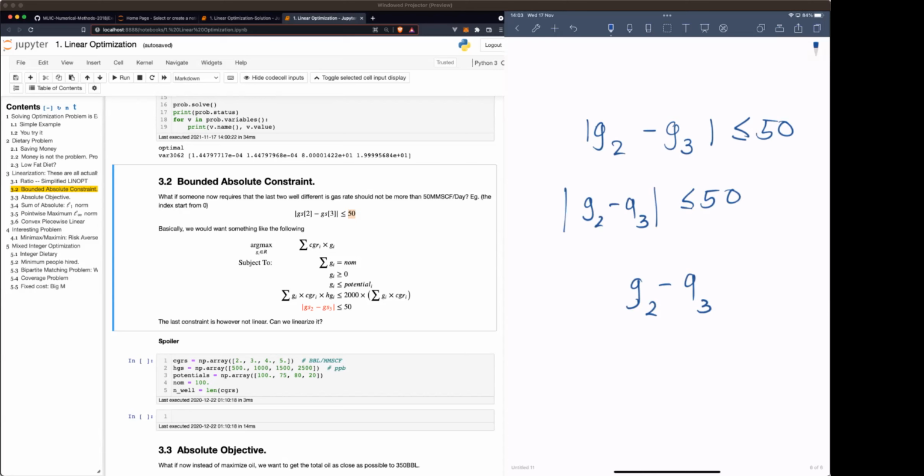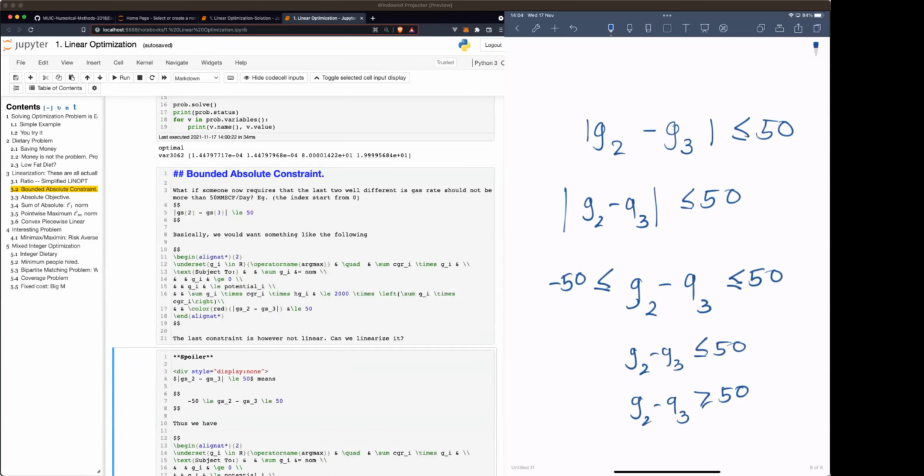Yes, very good, Tanawin. It means that this guy has to be less than or equal to 50, and G2 minus G3 is also greater than or equal to minus 50. And that's it. That's all you need to do.